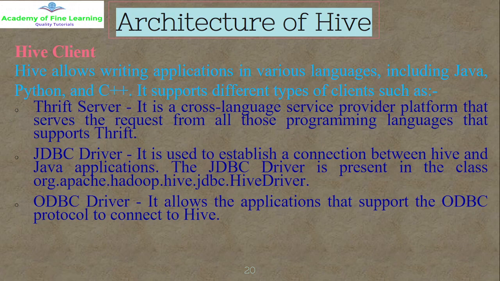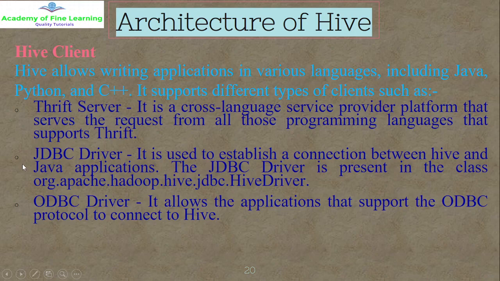So now we'll go through the detailed architecture of Hive. We'll go through each and every component. First, we'll learn about the Hadoop Hive client. Hive allows writing applications in various languages, Java, Python, and different types of clients like the JDBC driver and ODBC. This server is a cross-language service provider that serves requests from all those programming languages, Java and Python, all these things.